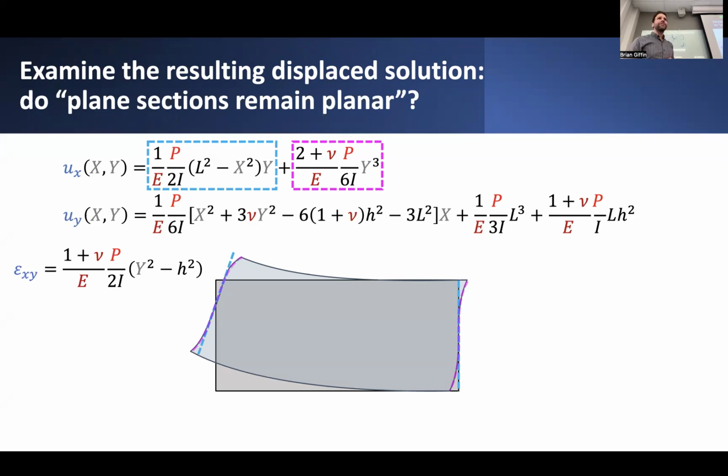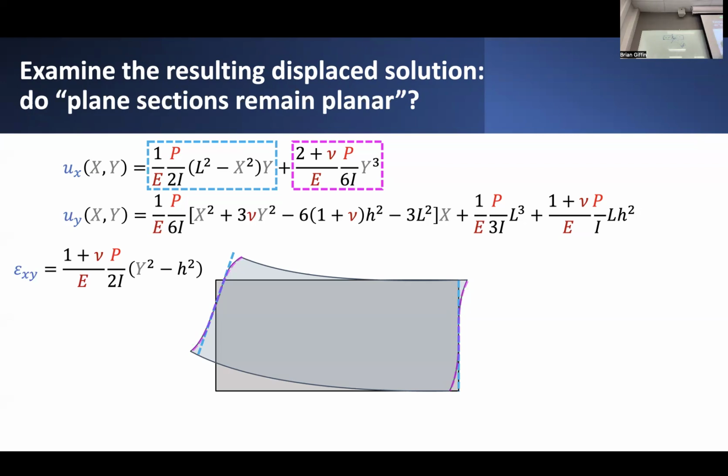But really, if we had truly plane sections remaining planar, that would be fully described by what's in this blue dashed box. It assumes that there's a linear variation through the depth of some kind of relative displacement in the x direction that follows maybe the rotation of some blue dashed line that stays perfectly planar, maybe not necessarily perpendicular to the centroidal axis, but certainly planar.